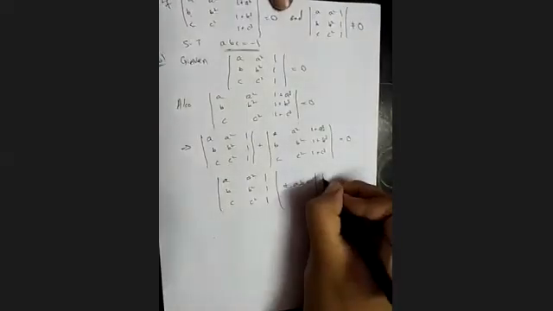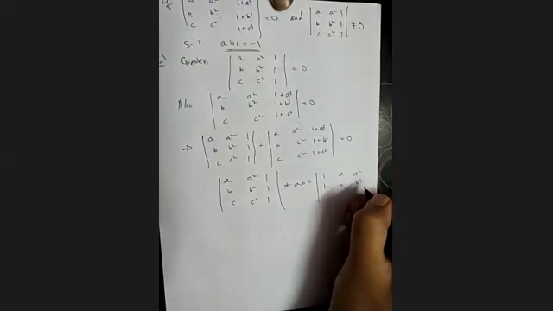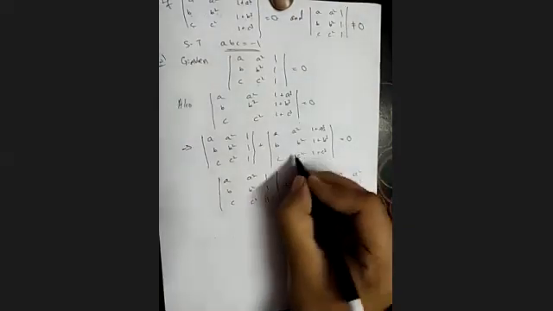So if you take A as common, 1, A square. If you take B common, 1, B square. If you take C common from R3, we'll get 1, C square, is equal to 0.